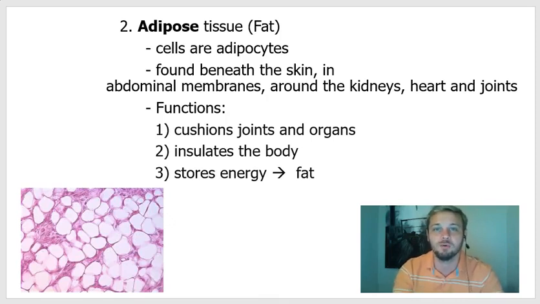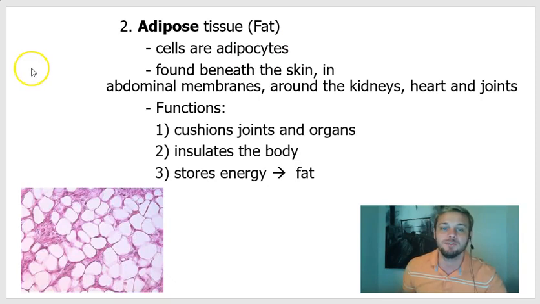The cells that store the fats, or the triglycerides, are called adipocytes. And you're going to find them not everywhere. A lot of times when I ask people, where do you find fat? They're like, everywhere. Not everywhere. It's actually stored in really distinct places. Beneath the skin, so in the subcutaneous layer or the hypodermis, you're going to find adipose.